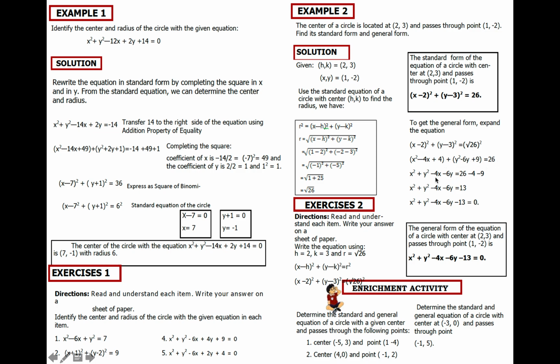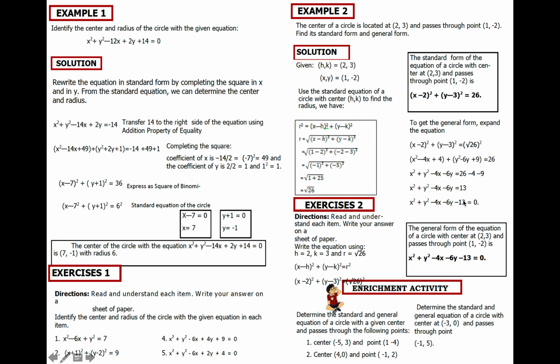So rearranging it, it becomes x squared plus y squared minus 4x minus 6y equals 26 minus 4 minus 9, because you are doing addition property of equality. So you have to transpose this on the other side of the equation, combining it with 26, you get 13.